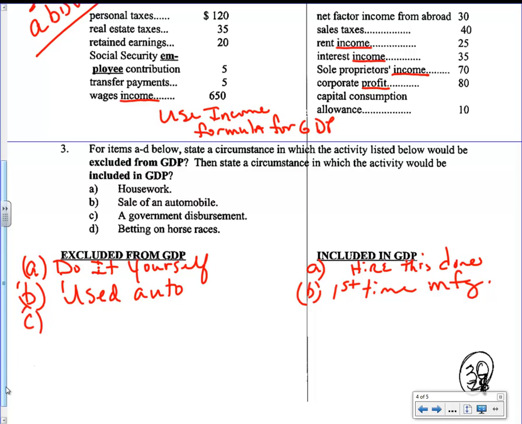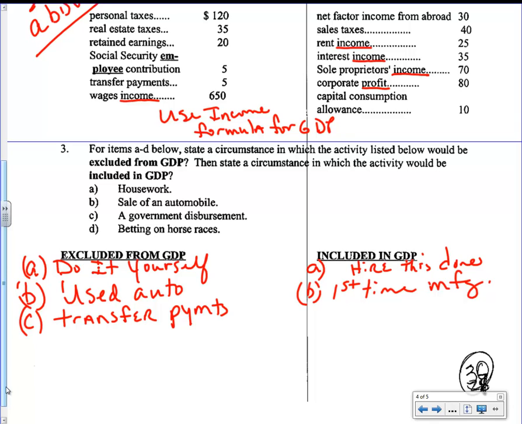C, government disbursements. All transfer payments are excluded from gross domestic product. If you're receiving a Pell Grant, that is a transfer payment, and it is excluded in gross domestic product. It's added back to arrive at personal income. If you receive a farm subsidy program, then that money that you receive is a transfer payment.